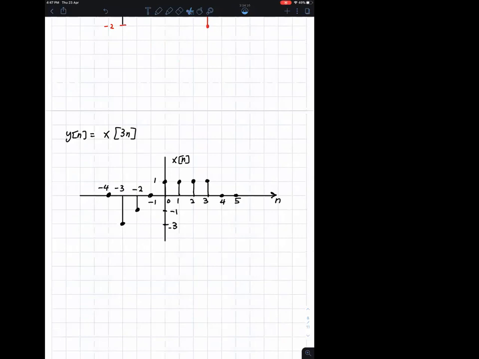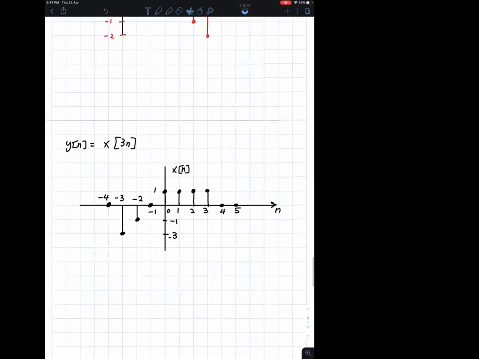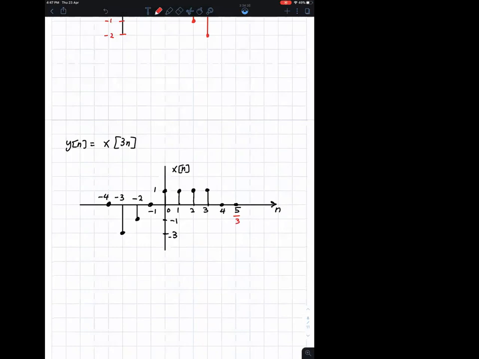There, that means you're scaling the signal by 3. That means you're dividing, just divide all the time by 3. You divide the time by 3, and then only plot the integers.